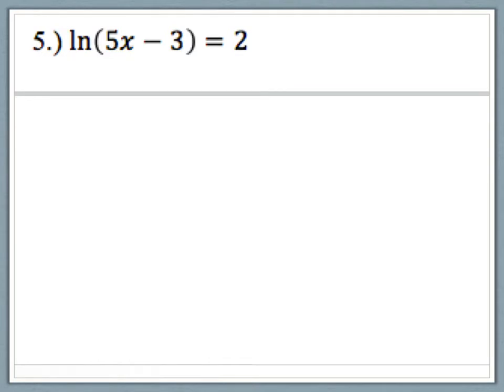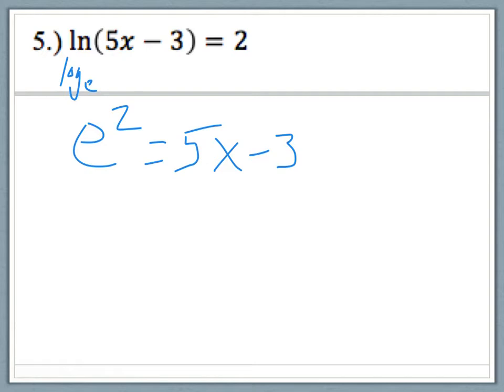Okay, for this one, remember ln is just log base e. So when I rewrite this, this is just going to be e squared equals 5x minus 3. Now e squared, when I do that, ends up being 7.389 equals 5x minus 3.